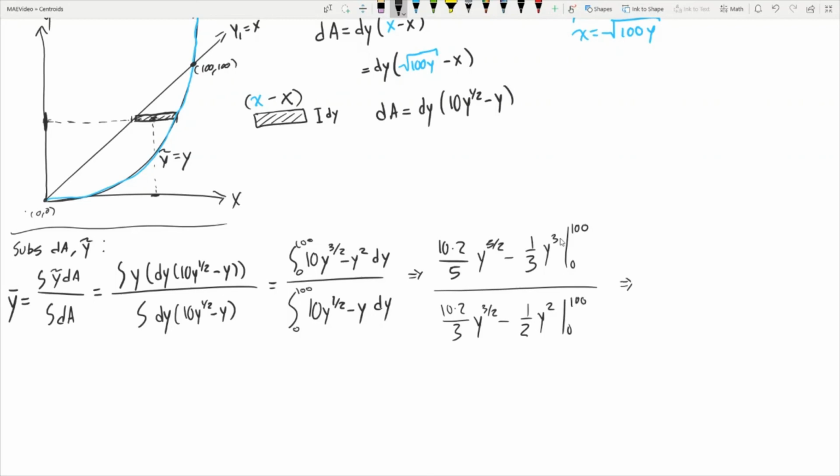And if we go ahead and do the algebra and evaluate that out, we'll get a y bar of approximately 40 millimeters.